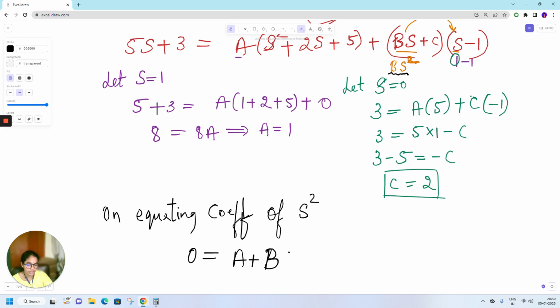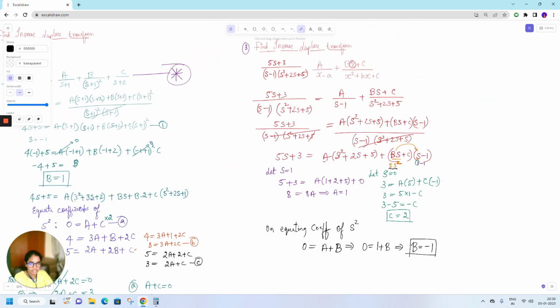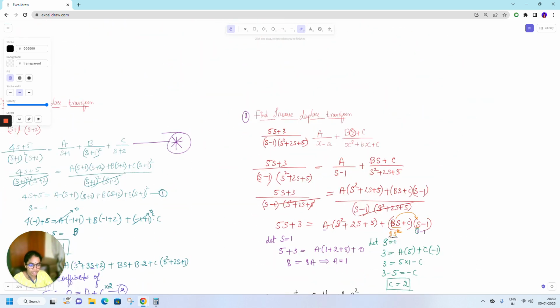The value of A is 1. So I would get 0 is equal to 1 plus B. So our value of B is minus 1. So now we have our A, B, C values. What should I do? I should substitute these values in our equation 1.